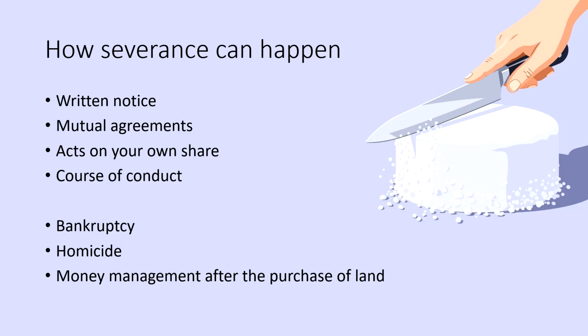And then we also have three more, which are more about circumstances that might happen, and less like actual actions that you can take regarding the property. And those three would be bankruptcy, homicide, or money management issues.